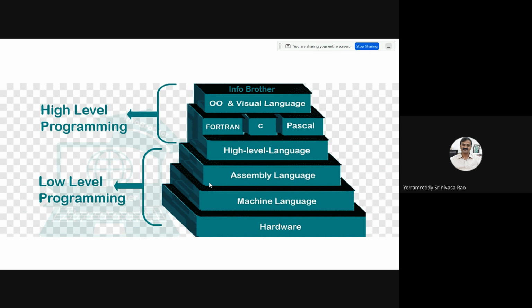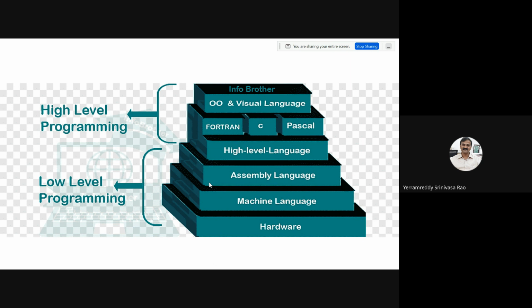What is high level language? High level language has nothing to do with the hardware. As you can see, we have reached the third stage where, like your normal language, you can write. For example, we are using English, but Chinese doesn't use English. They write the program in Chinese. Germans write in German. Russians write in Russian. We are still continuing the Britishers' language, English.